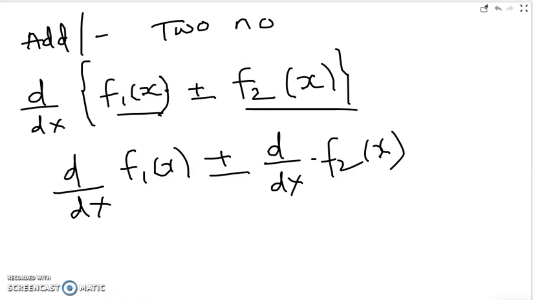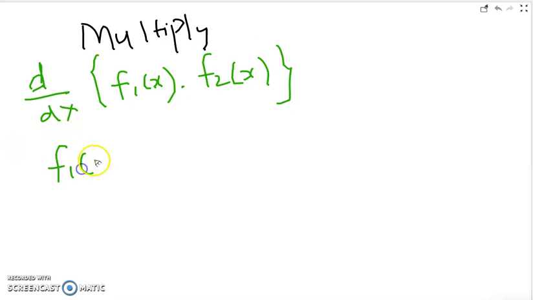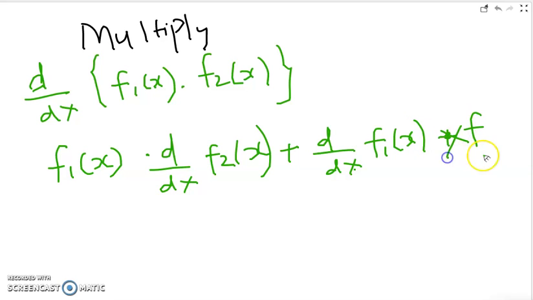It's very simple. In the same way, how do we multiply two numbers? d by dx of the first number into the second is equal to f1x into d by dx of f2x, plus d by dx of f1x into f2x.